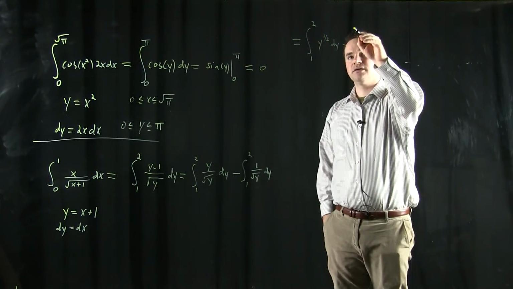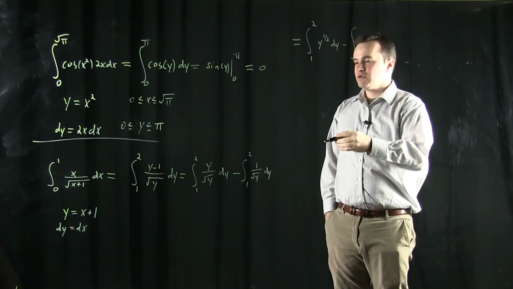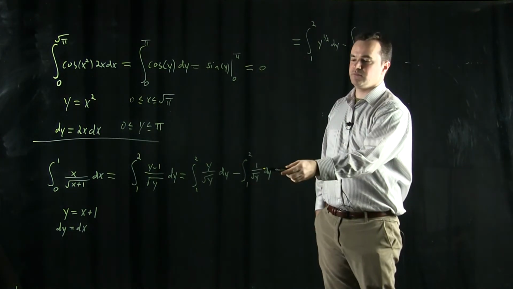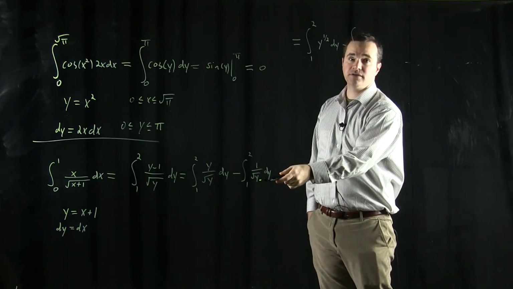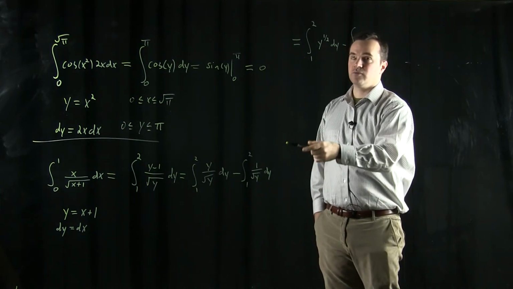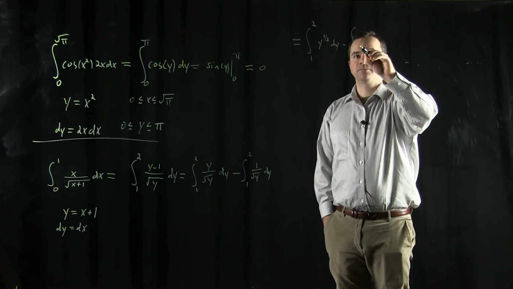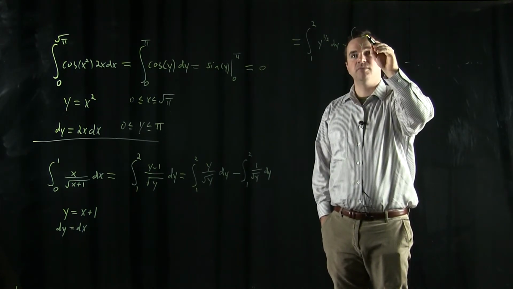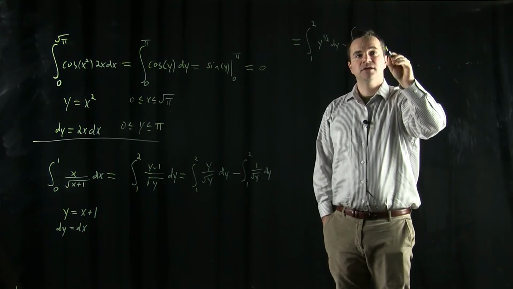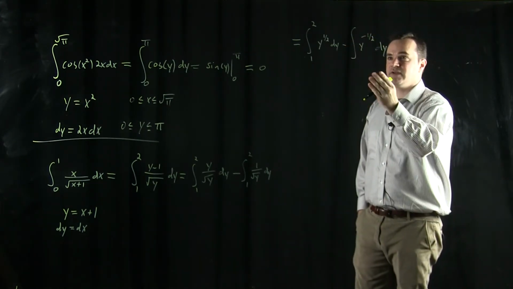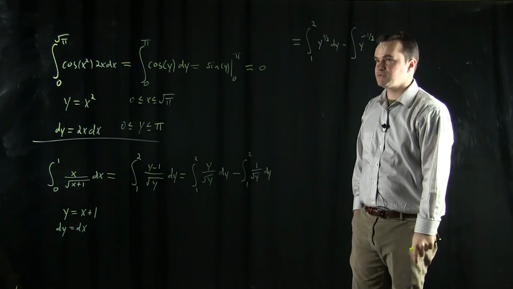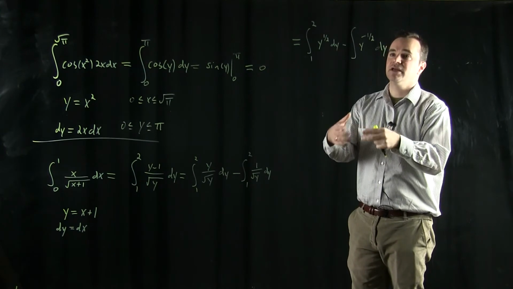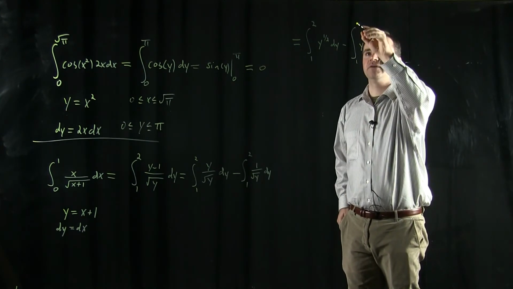And then I'm subtracting from it 1 over the square root of y, which you can think of as 1 over y to the 1/2, which you're then going to rewrite as y to the minus 1/2 dy. So that's kind of like a tour of elementary functions for us, just showing how to rewrite the algebra in a way that I can now use the exponent rule, integrating from 1 to 2.